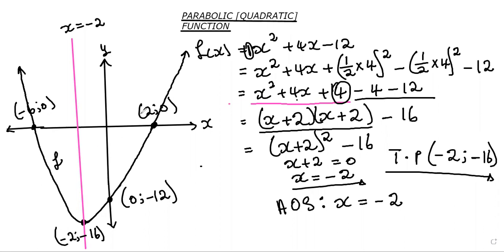Now, one thing you must also know is that the axis of symmetry is going to be halfway between your two x-intercepts. You need to know that. And even when you sketch, guys, do you see my sketch is not so nice? You can see that the distance from here to there is not exactly equal to the distance from here to there.